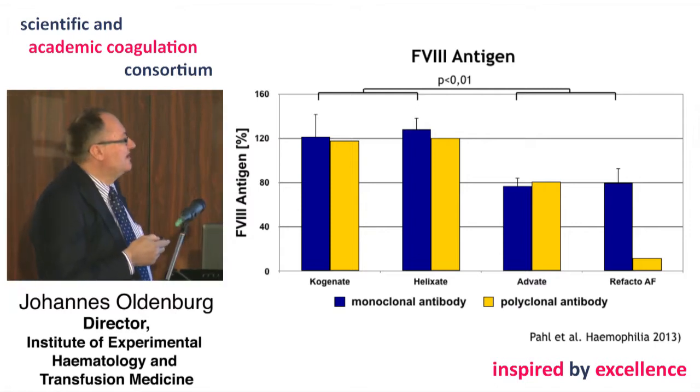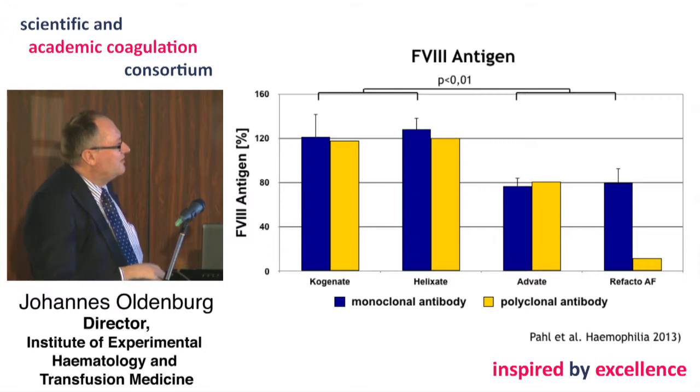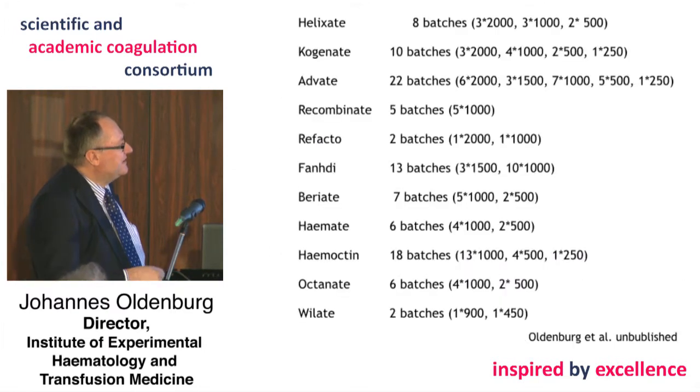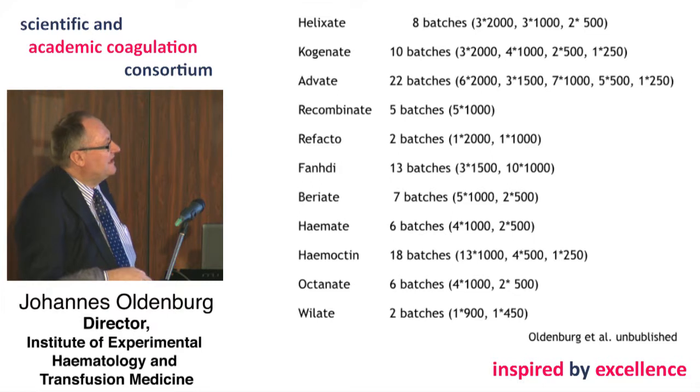despite a very similar labeling. We looked at 109 batches from about 10 factor concentrates. These results are unpublished. And again, this is with a chromogenic assay. We see that most are perfectly in the recommended range.